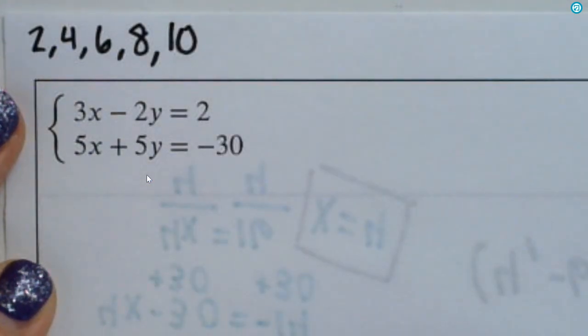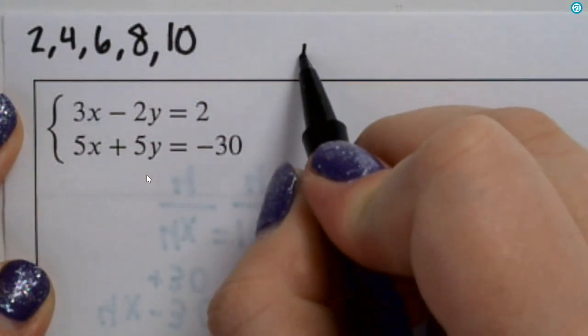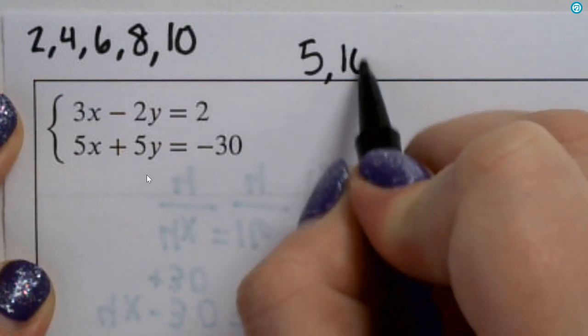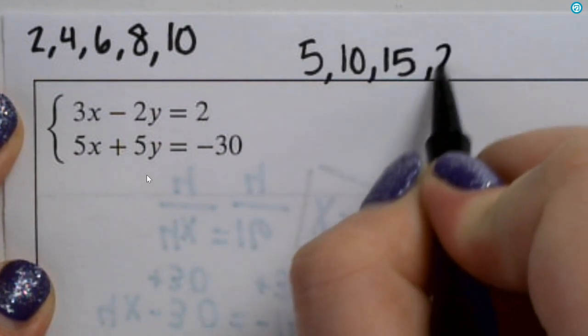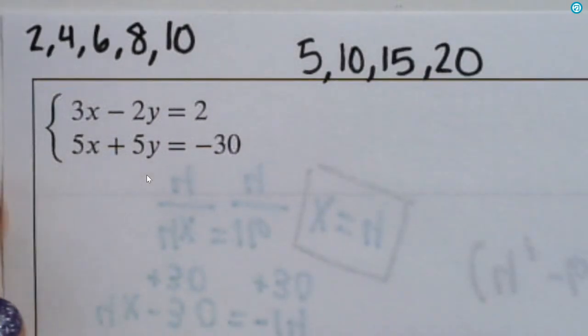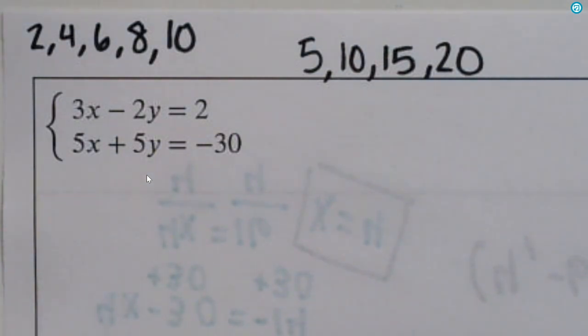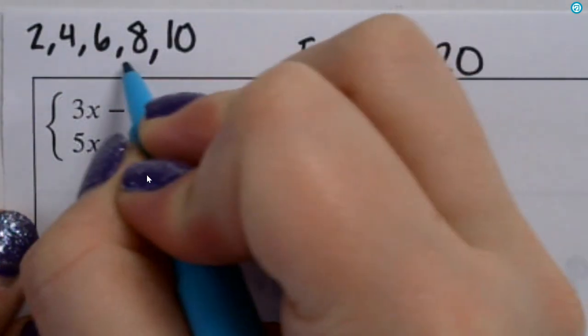Okay, 2, 4, 6, 8, 10. My multiples of 5 would be 5, 10, 15, 20. What's the lowest one they have in common? 10. So 10 is my lowest common multiple.